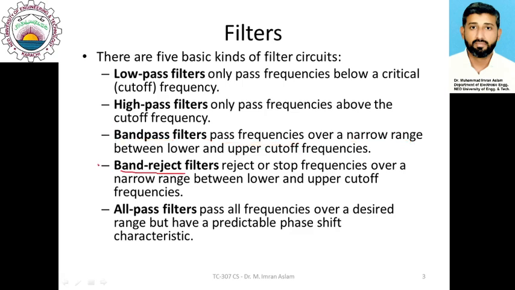The fourth category is named the band reject filter. Sometimes we call it a band stop filter or notch filter. This band reject filter stops the frequencies over a narrow or specific band. So it will allow all the frequencies to pass except those lying in that particular narrow band for which the filter is designed.